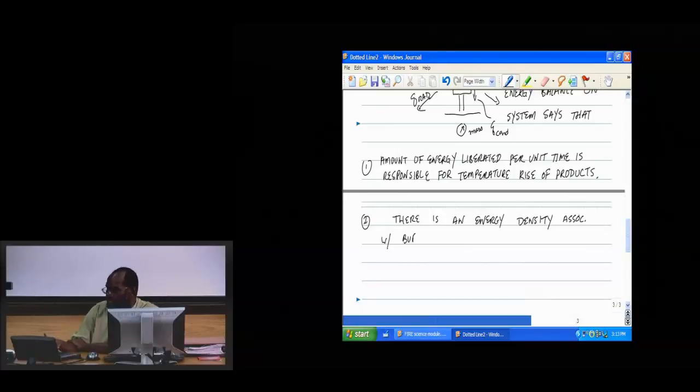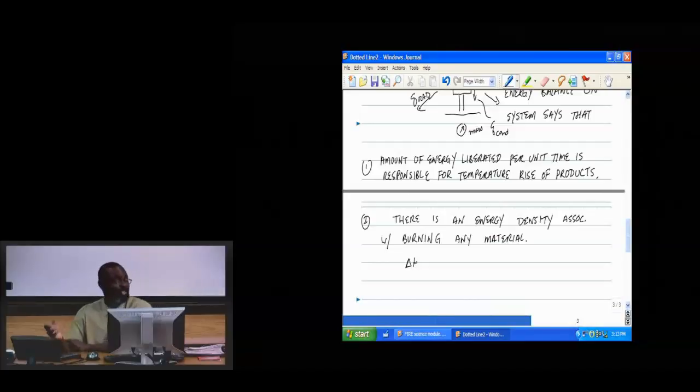So this says that for a kilogram of some material burning, there's n kilojoules liberated. This quantity is called the heat of combustion. The units of this are joules per gram or kilojoules per kilogram. So this is the amount of energy liberated when this material is burned.